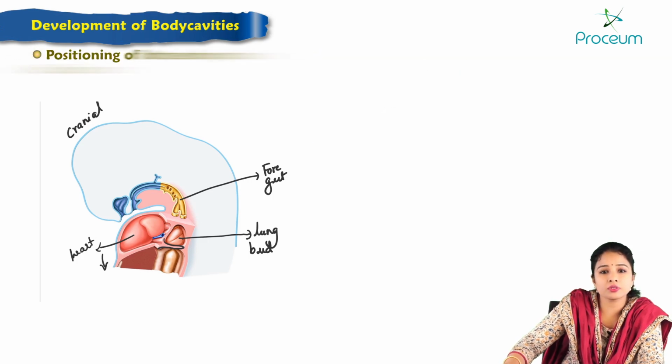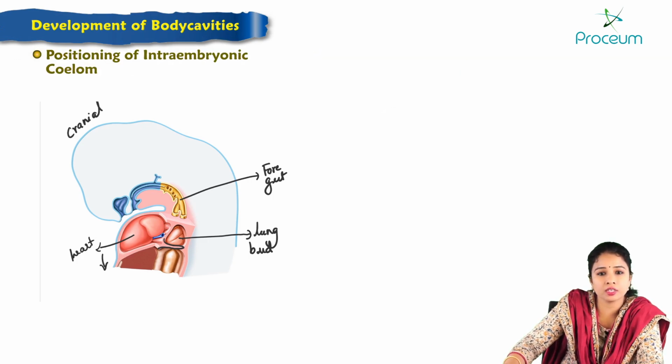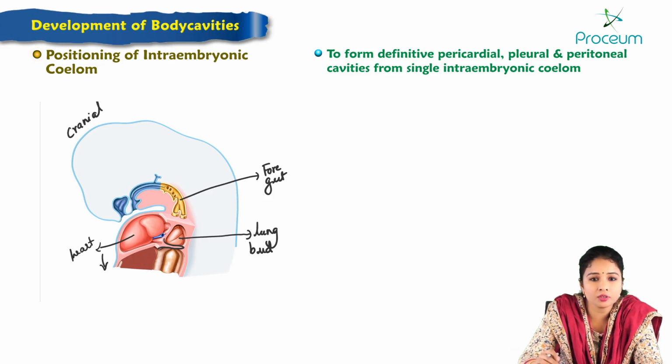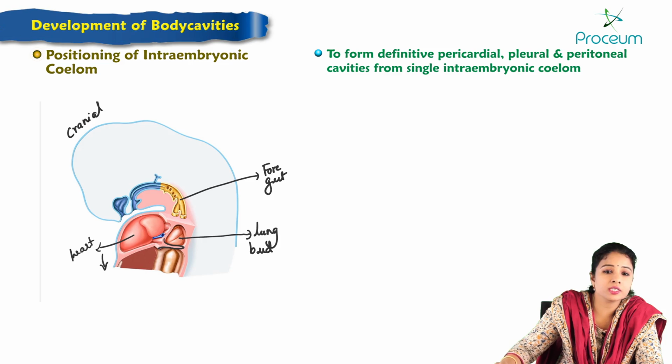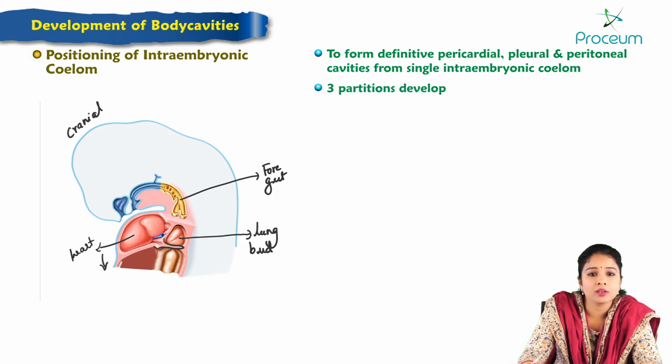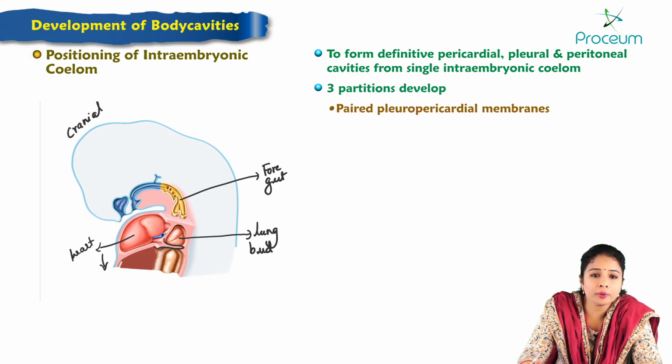So let's see the positioning of the intraembryonic coelom. To form definitive pericardial, pleural and peritoneal cavities from a single intraembryonic coelom, three partitions develop. One is the paired pleuropericardial membranes, the other is the diaphragm.